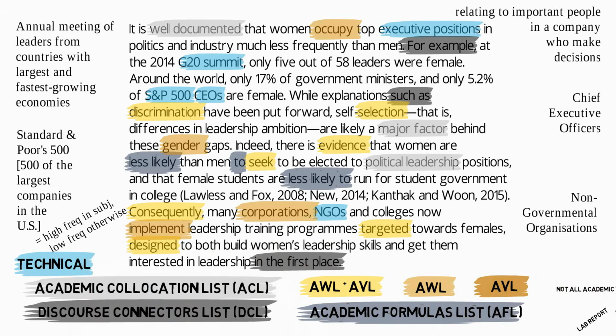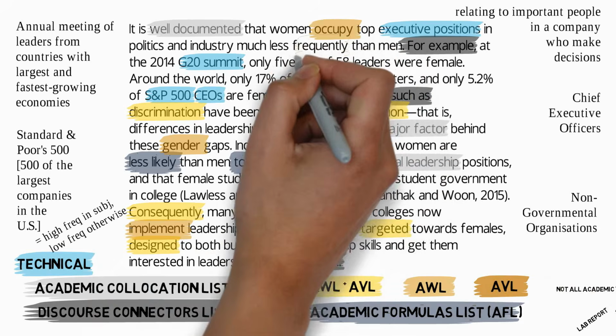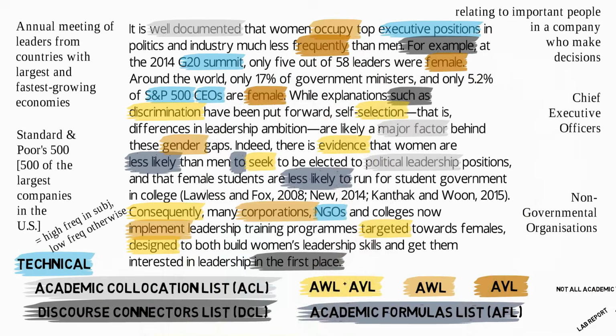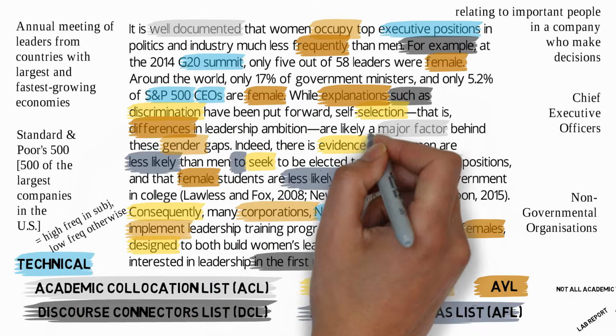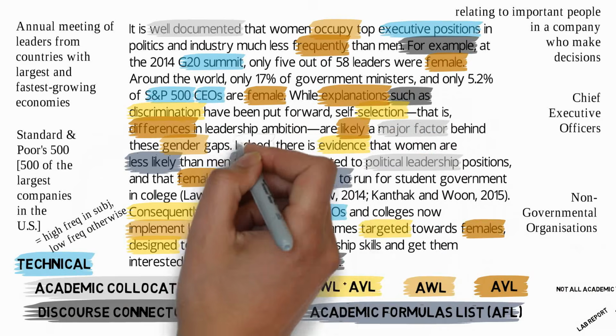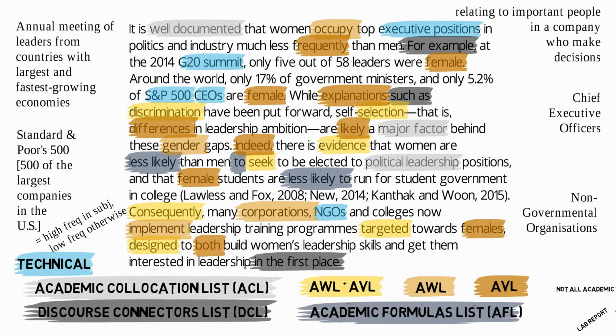Words which are just in the academic vocabulary list: so the word frequently, female, which is used in 4 places, explanations, differences, likely, indeed, which is also in the discourse connectors list, and both. So that's actually quite a lot of words looking at different kinds of list.